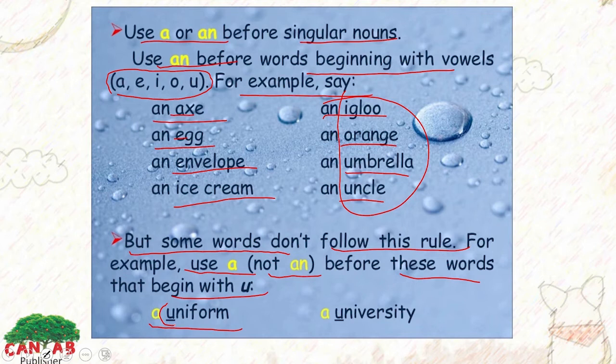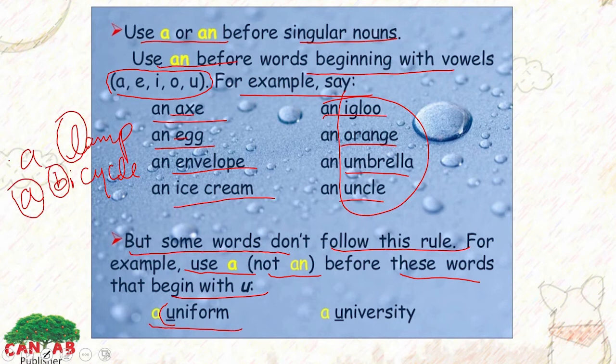A, E, I, O, U. And remember one more thing: the words that start with consonant sounds, like a lamp, a bicycle. These are consonant sounds, B or L. We will add a before them, and for words that start with a vowel sound, we will add an. We have discussed this in your previous lesson too. If you want to understand this better, you can re-watch it.